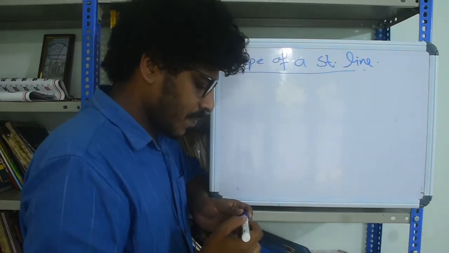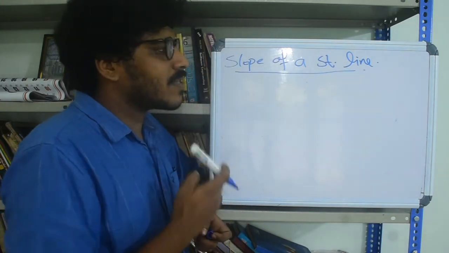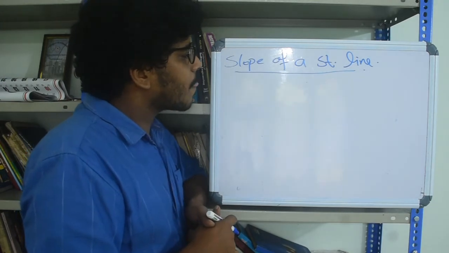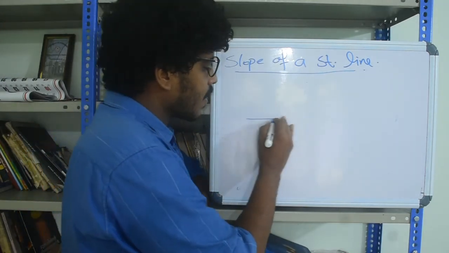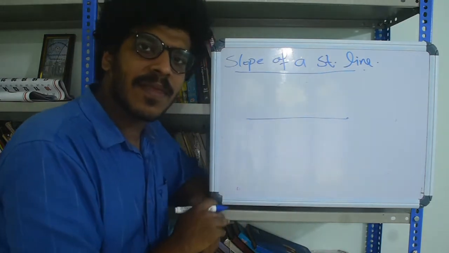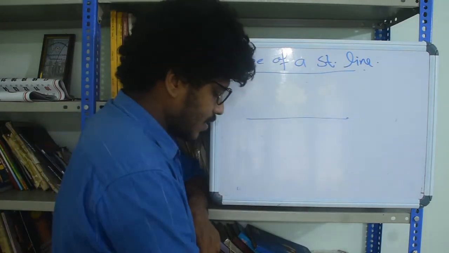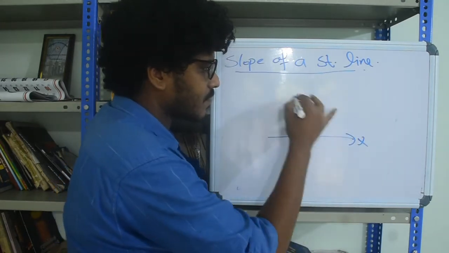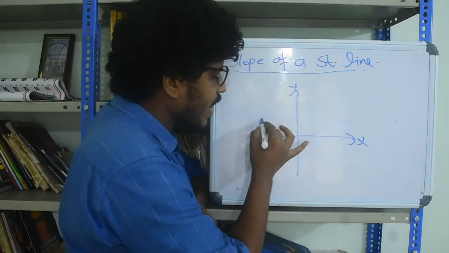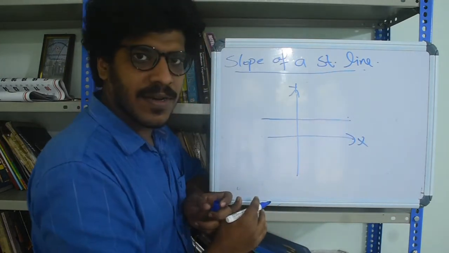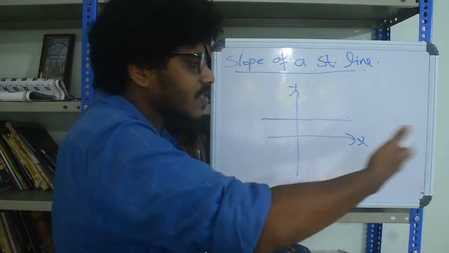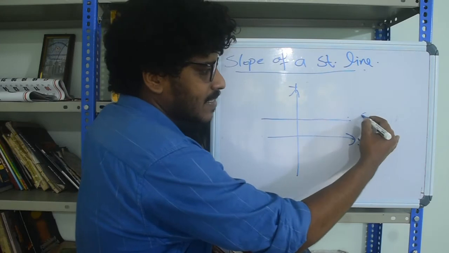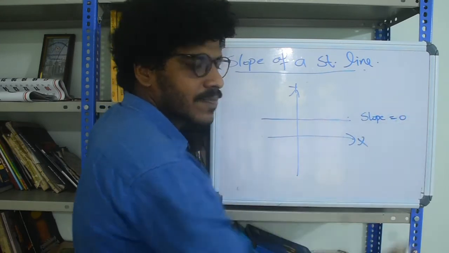Before proceeding to the formal definition or the formula for slope, what is the slope of a horizontal line? So consider the coordinate axes, x and y. If I draw a line which is parallel to the x-axis, or in other words a horizontal line, the slope of a horizontal line is defined as 0.